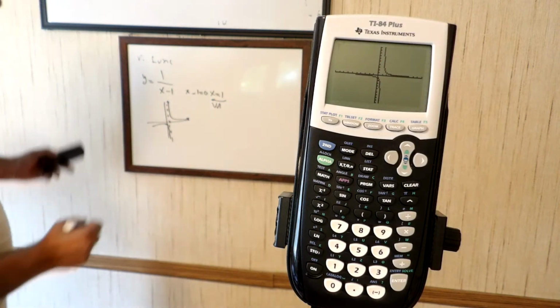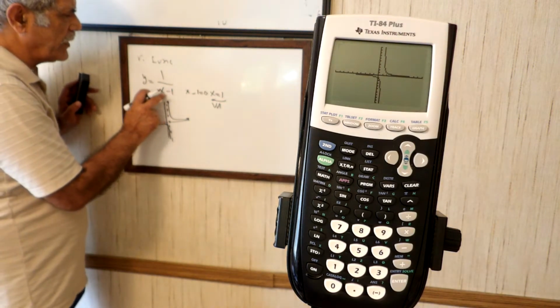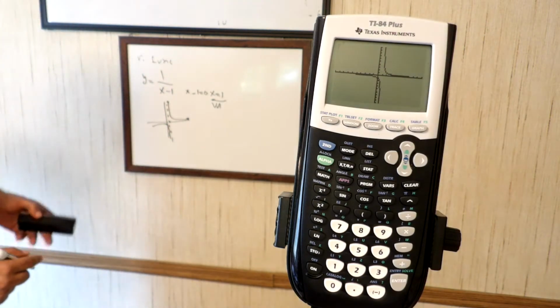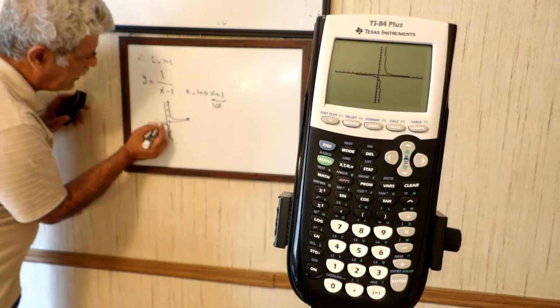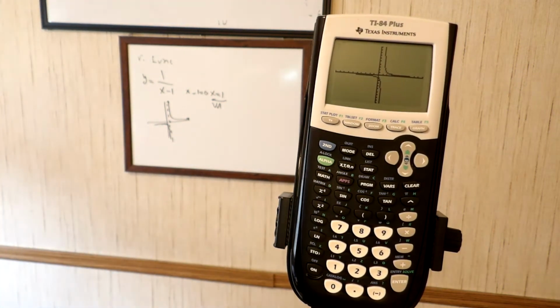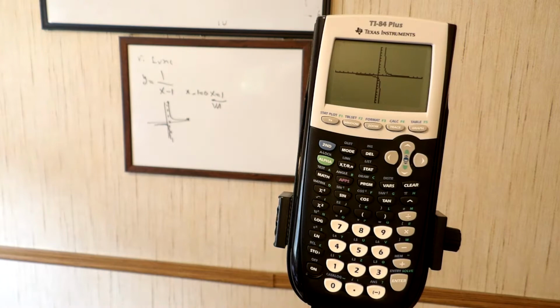We can't give x the value 1, because it's going to be 1 over 0, which is infinity, or undefined. So it's easy to graph these; you don't have to give values to x and find y.